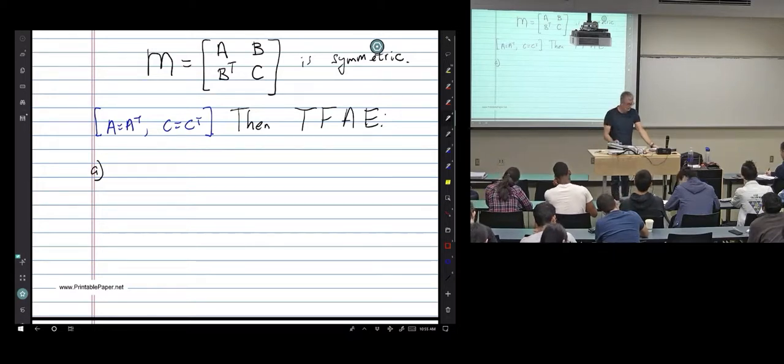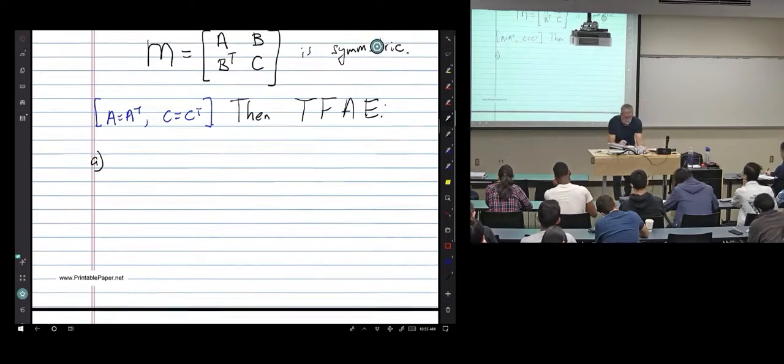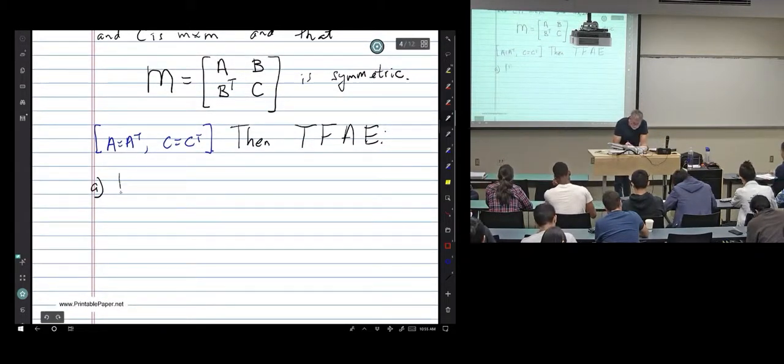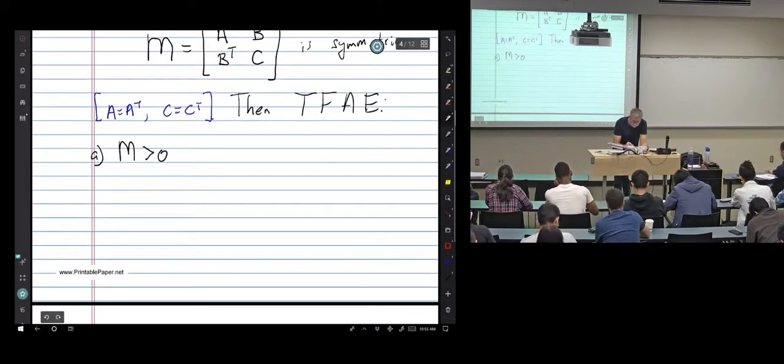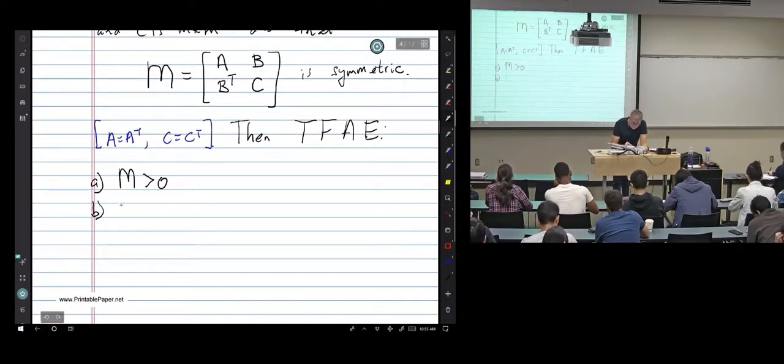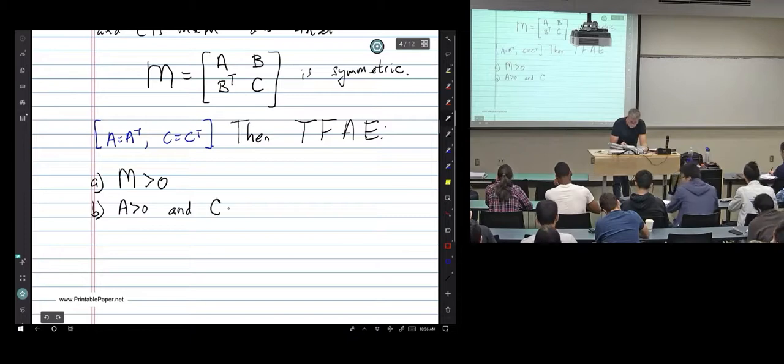We're going to say three things. The first one is that the big matrix M is positive definite. The second one is that the first block A is positive definite, and C minus B transpose A inverse B is positive definite.